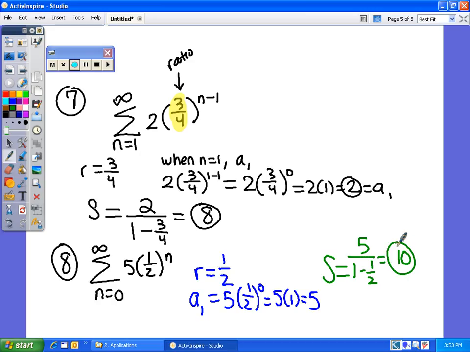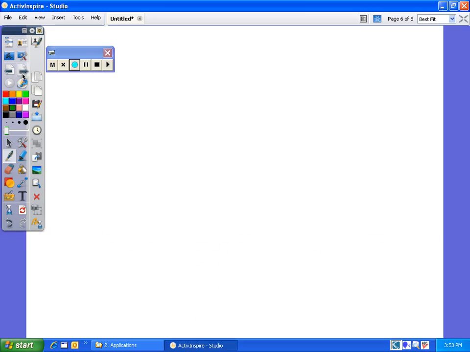Infinite series sums. Alright, if you go to the next page, you'll see that it's not an infinite series. What tells me it's not infinite is the fact that it has a starting and ending term for n.